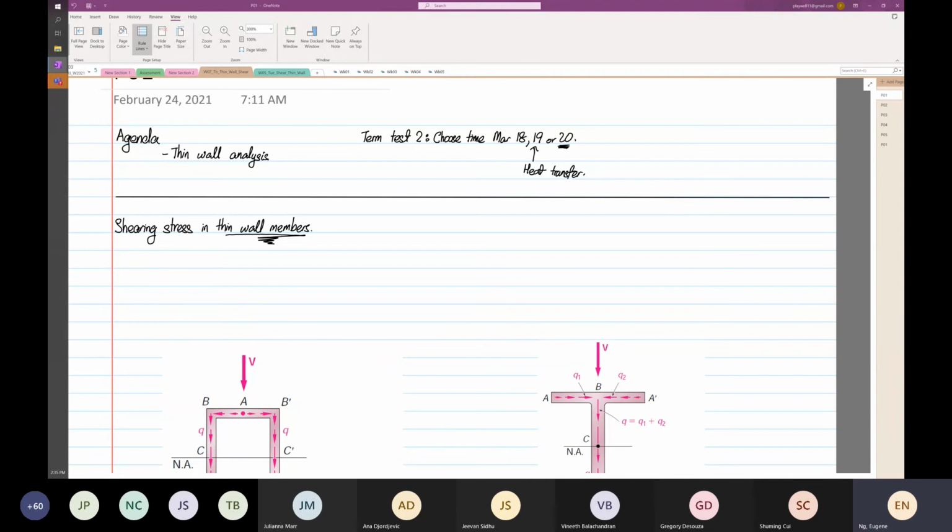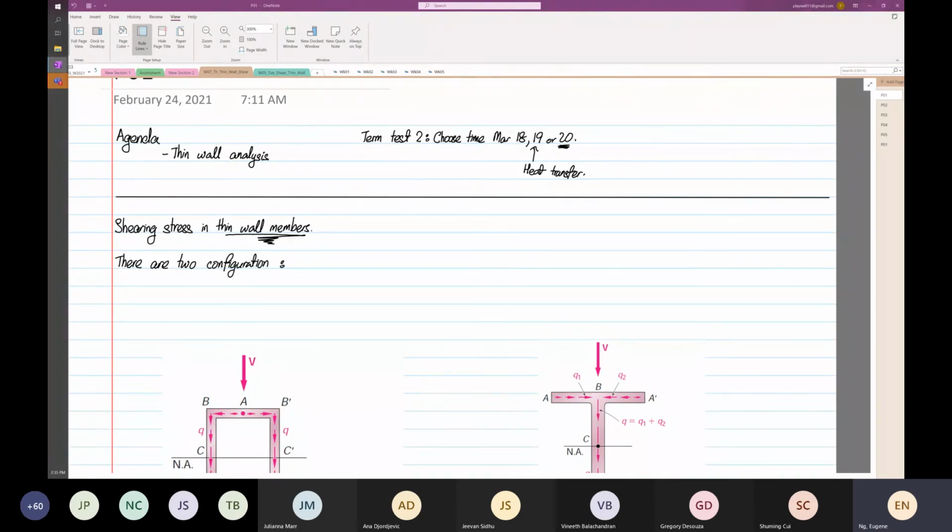There are two types of configuration, and I did introduce this to all of you before.